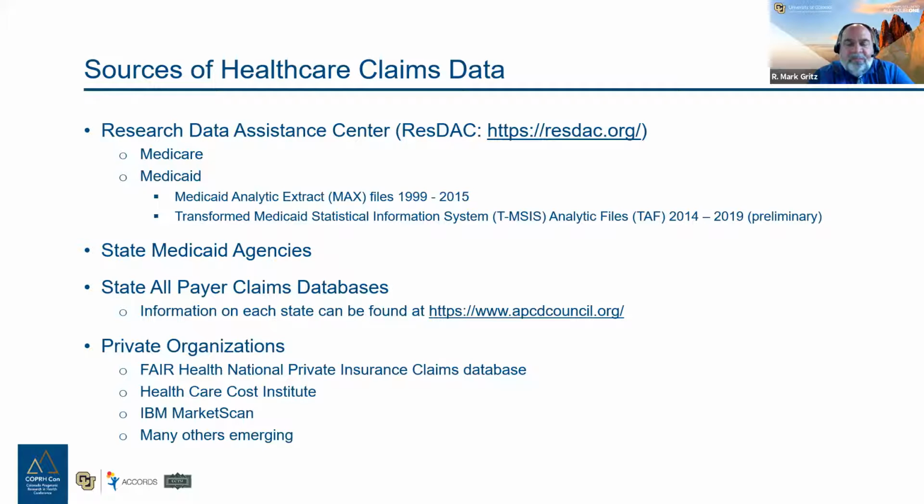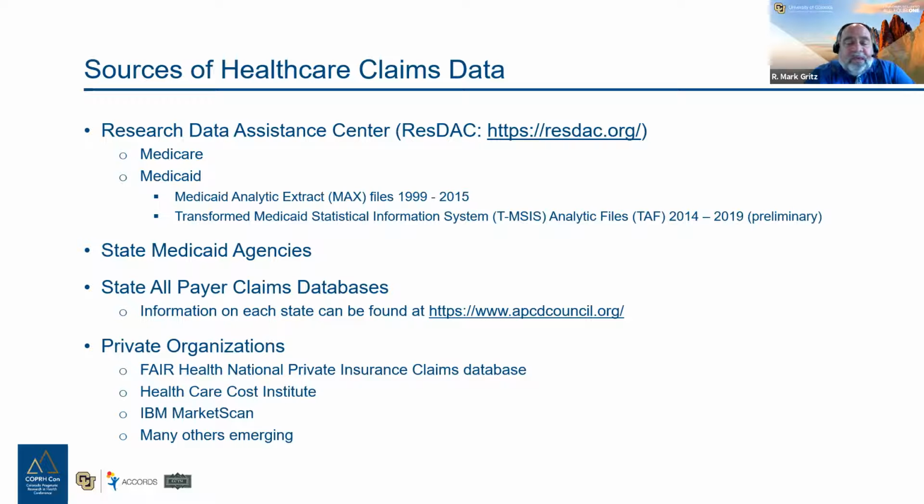However, the data from state Medicaid agencies can be a bit more timely. There will be some claims run out times that we'll talk about as a consideration for using claims data, but it is more timely than what would be available through the TAF files generally.